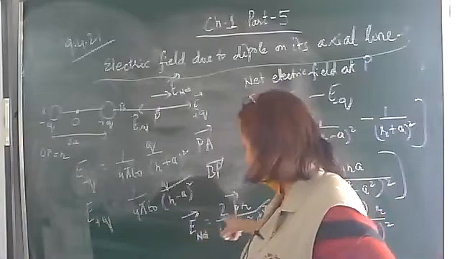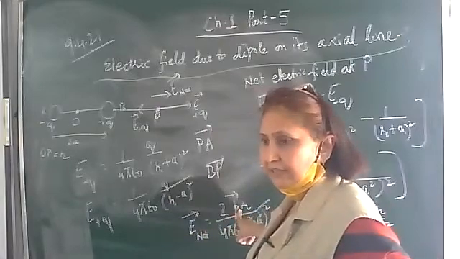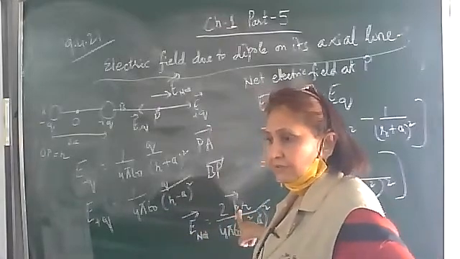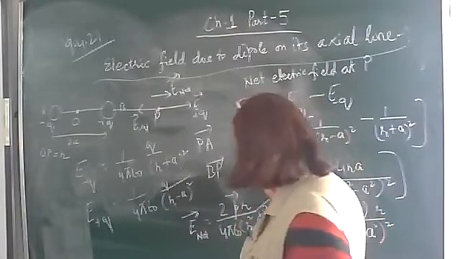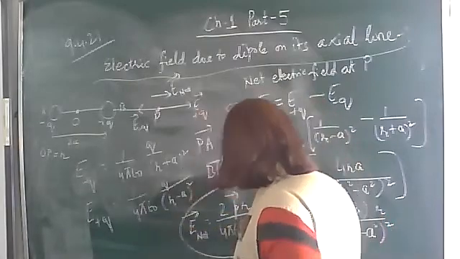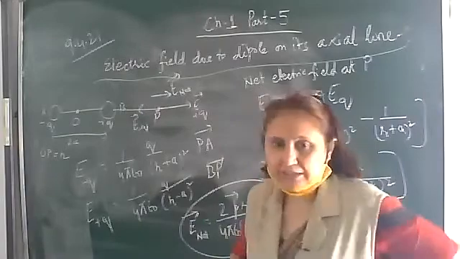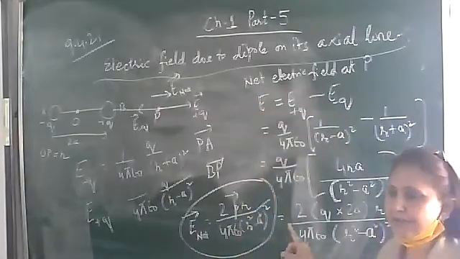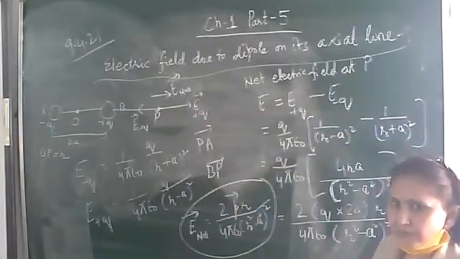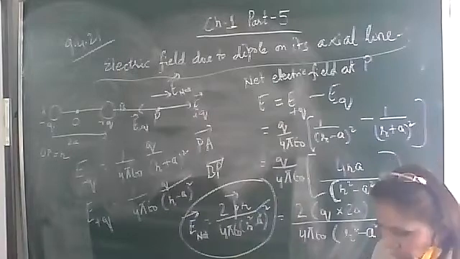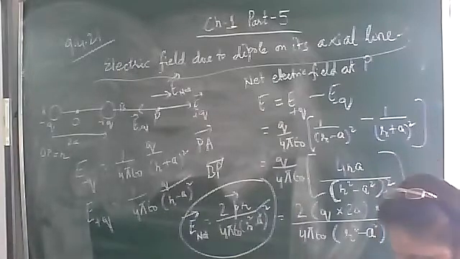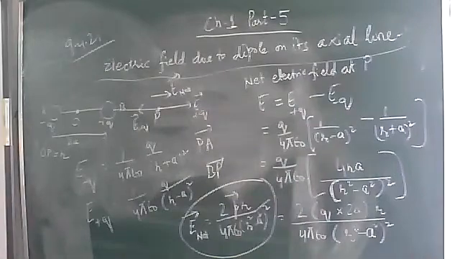So what is the angle between the electric field on the axial line and the dipole moment? 0 degree. So this is the net electric field on the axial line due to an electric dipole. Note it down. Note down means try to do it yourself. No need to copy it down.